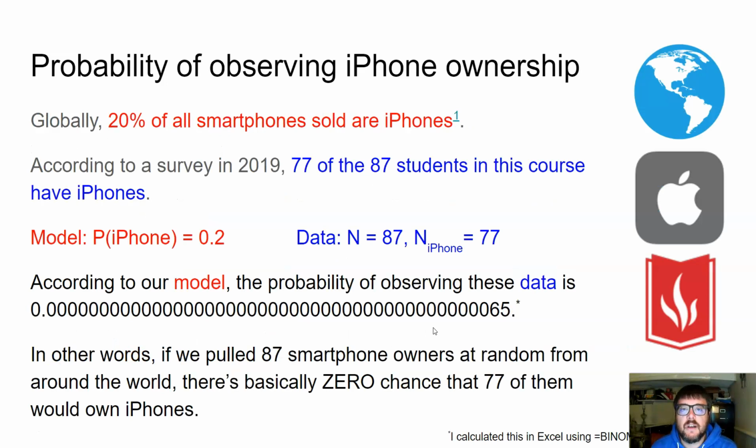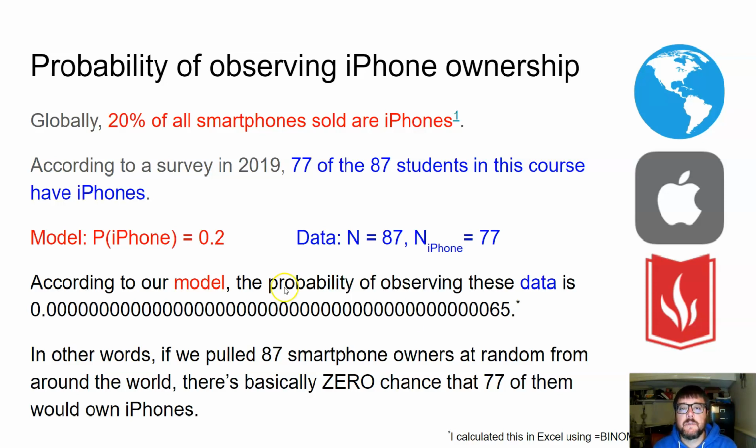Let's talk about a little bit more concrete example: smartphones, and iPhones in particular. According to a website I visited last year, about 20% of all smartphones are iPhones. And according to a survey that I did of my students last year, about 77 of the 87 students in the course have iPhones.